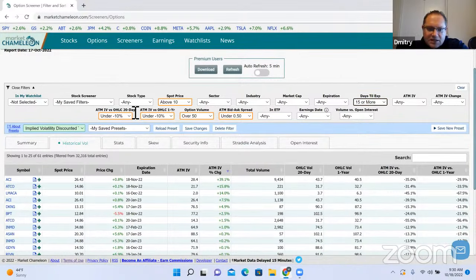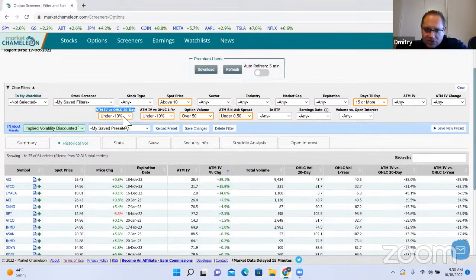Okay. And here we set the implied volatility versus historical 20-day. This is set so that the current at the money IV is 10% below the most recent 20-day historical vol.